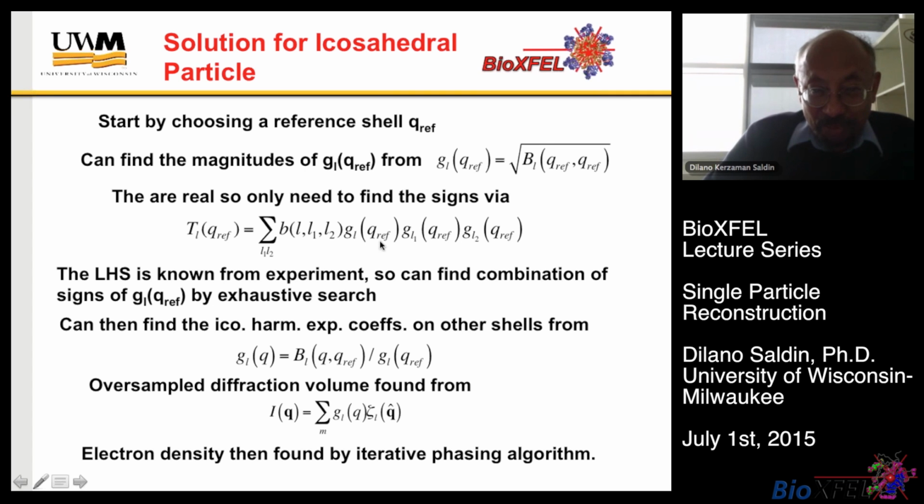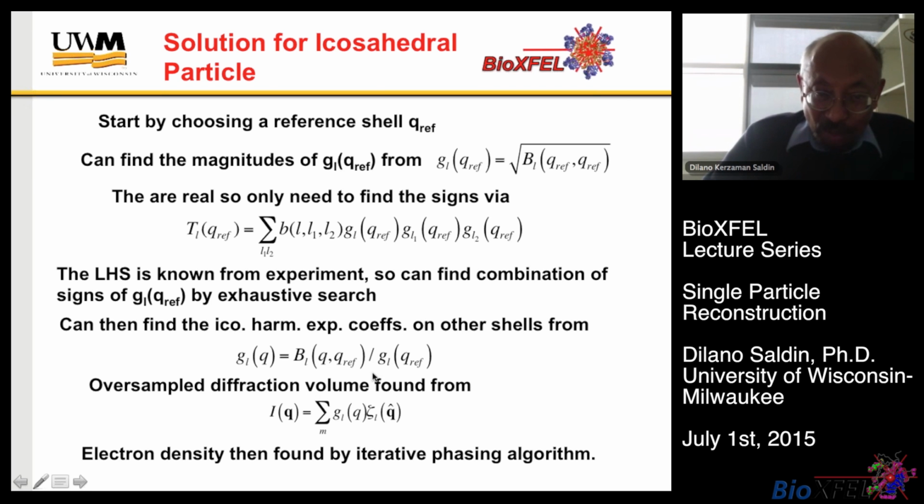The magnitudes of the quantities on the right are known, but their signs are not known. So the idea is to work through all possible combinations of signs on the right-hand side until you get best agreement with the left-hand side. So this will give you all the magnitudes and signs of the G_L quantities on a particular reference shell.